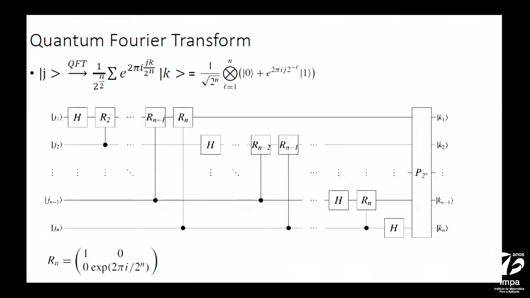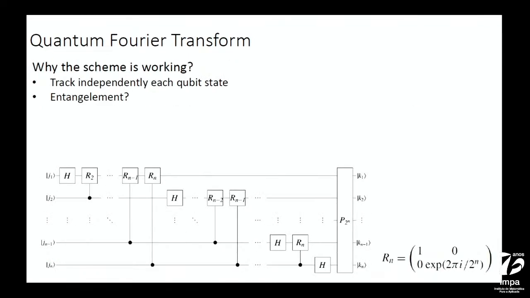All the digits which have indexes bigger than L will give you 1, so this is why this part is absent. Then I need to properly put the things: where it is 1 it gives a rotation, where it is 0 it doesn't. This is a controlled rotation, a controlled phase operator. And this is the scheme.